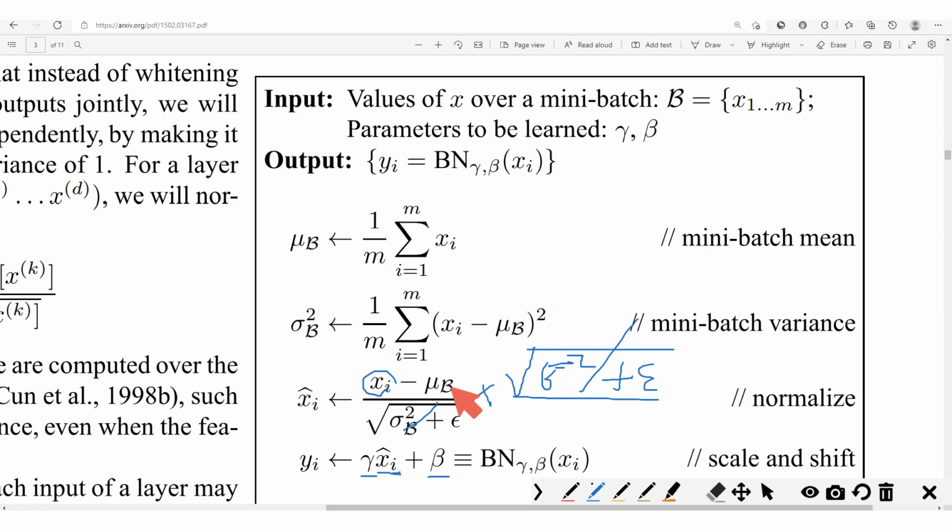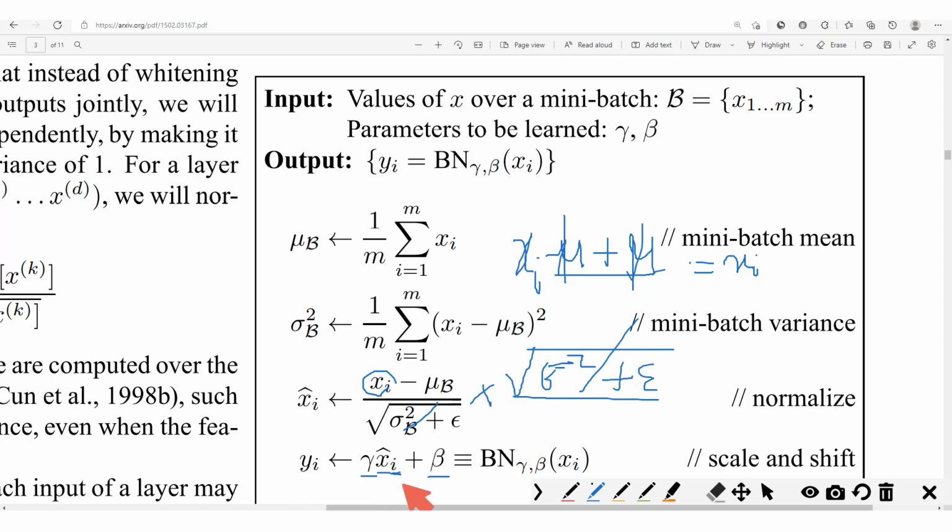Now when you're left with xi minus the mean, if beta is equal to the mean, then you would have xi minus the mean plus beta, which in this case is the mean, and you see it cancels out and gives you xi, which is the original value of x.